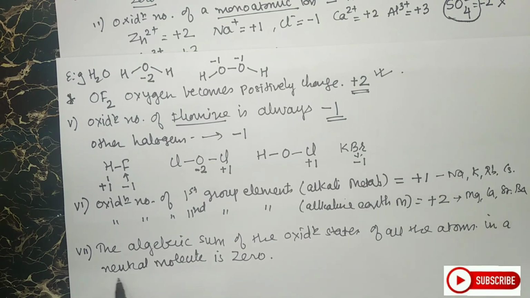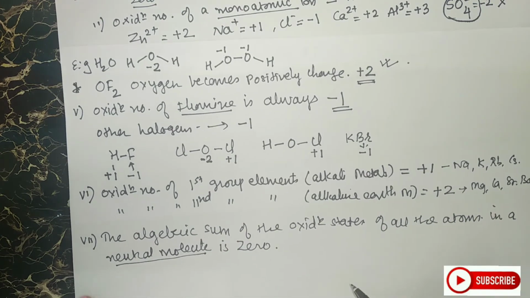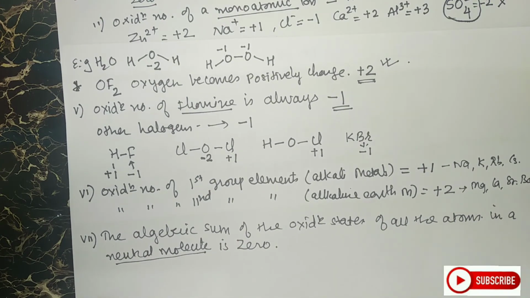When I say neutral molecule, is there any other possibility? So students, yes, the other possibility is that if the molecule is charged, in that case the total must be equal to the charge the ion carries. So let us write that also.